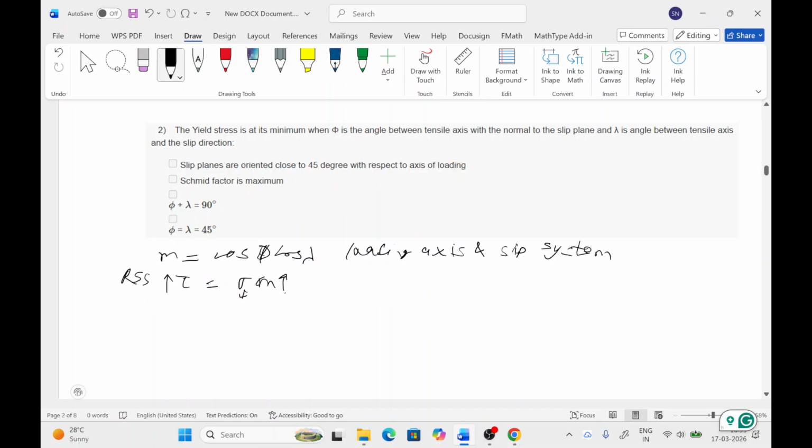With a high Schmidt factor, with a very little applied stress, we can achieve the critical resolved shear stress condition and the material can deform.